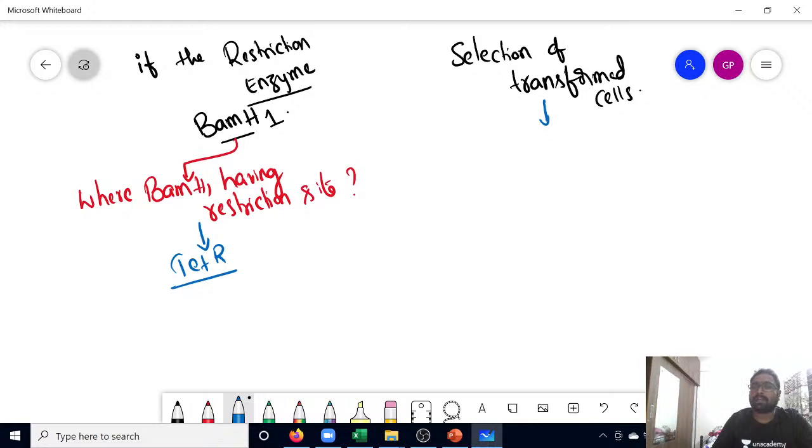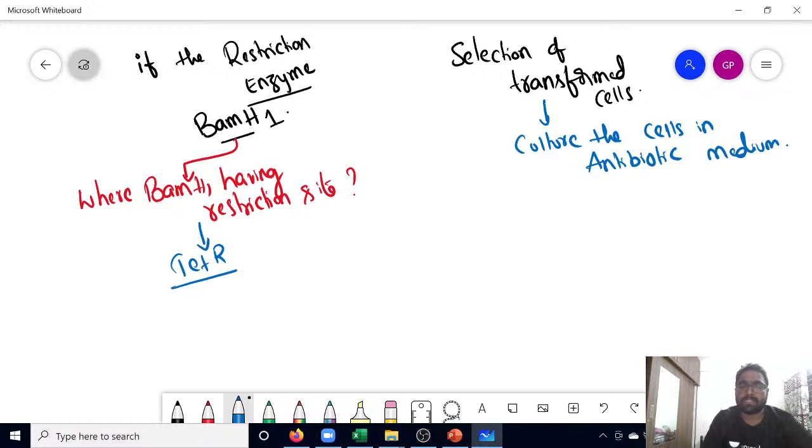So students, now what do I have to do? I have to culture the cells in antibiotic media. Simple. If I want to know whether a transformed cell or a non-transformed cell is there, I have to grow it in the antibiotic medium.